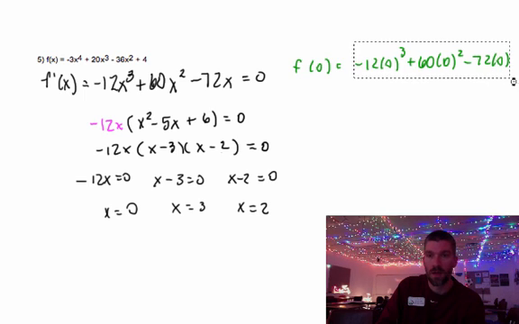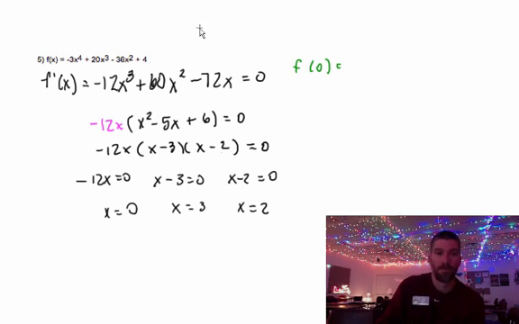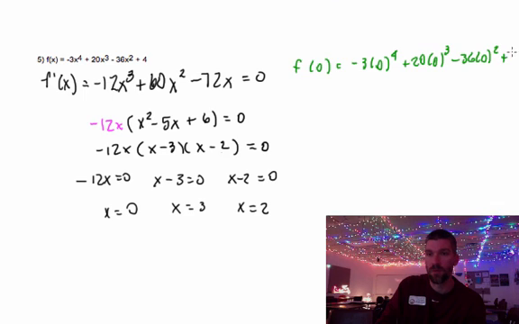We want to look at negative 3 times 0 to the 4th plus 20 times 0 cubed minus 36 times 0 squared plus 4. And when we get done checking that guy out, we're going to get the point 0, 4. Hey, we like that. That's easy money.